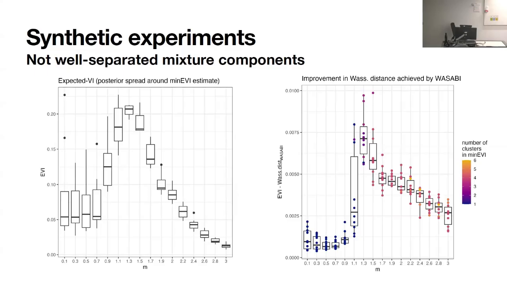This is quantifying the improvement we get when summarizing with just one partition, or in this case, we summarized with 10. So we don't get too much improvement relatively. We just summarize with just one solution when everything's close together.